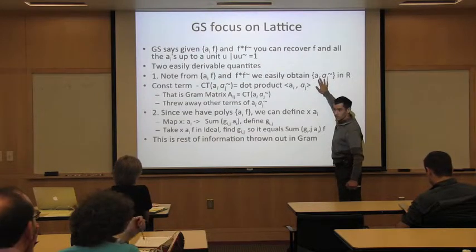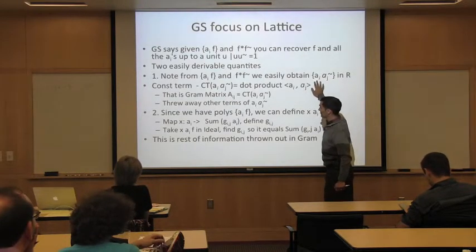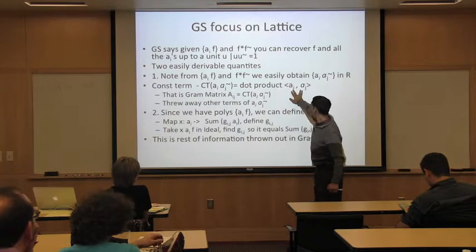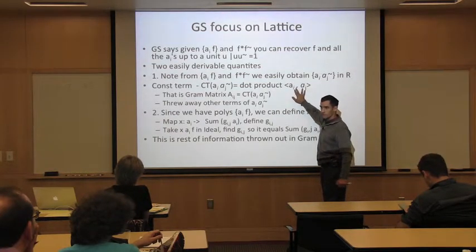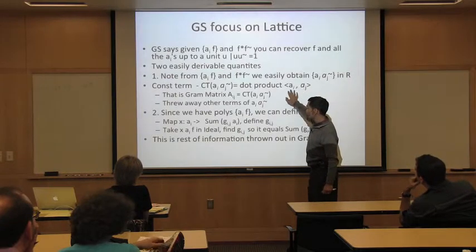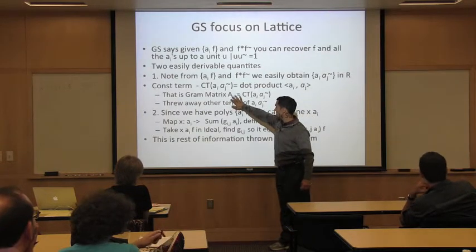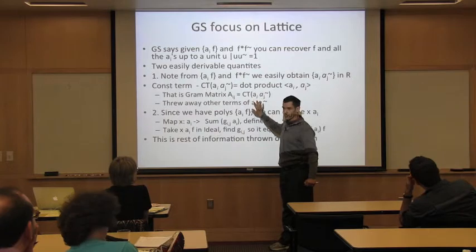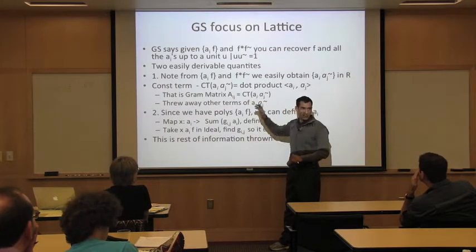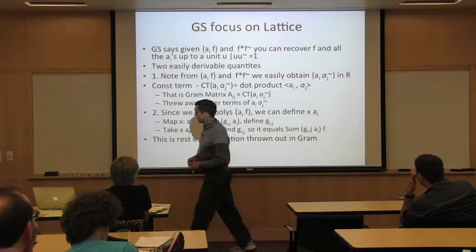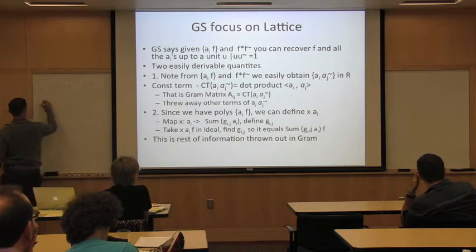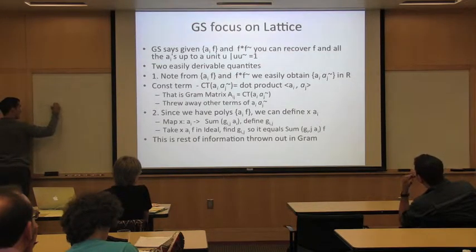And if you look at the constant term of that polynomial, well, that's the dot product of these two vectors. So that's the same information that's in the Gram matrix a sub ij. So this easily derivable information is the Gram matrix of a sub i. So let's just say you've got the Gram of a sub i easily.